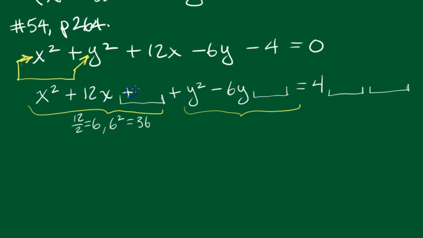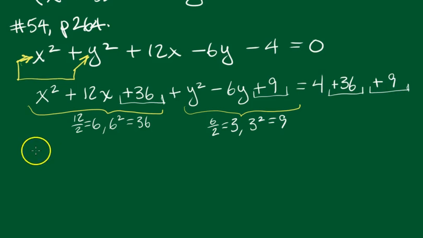So I'm going to add 36 in that gap. Then 6 divided by 2 is 3, and 3 squared is 9. So I add 9 here. I added 36 and 9 to the left side, so I'm going to add 36 and 9 to the right side.